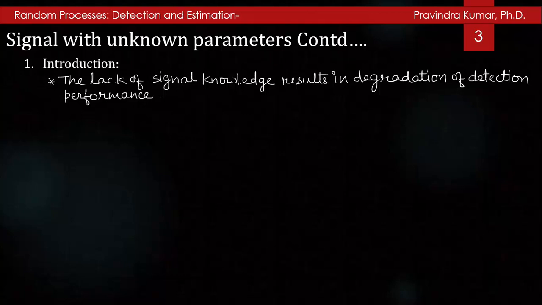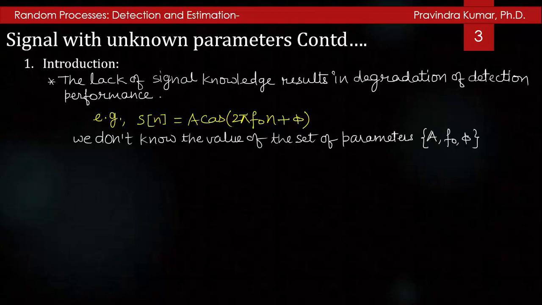The lack of signal knowledge results in degradation of the detection performance when compared with the optimal matched filter. For example, there is a sinusoidal signal s[n] = A cos(2 pi f0 n + phi). In this, we may not know the values of the parameters A, f0, and phi.